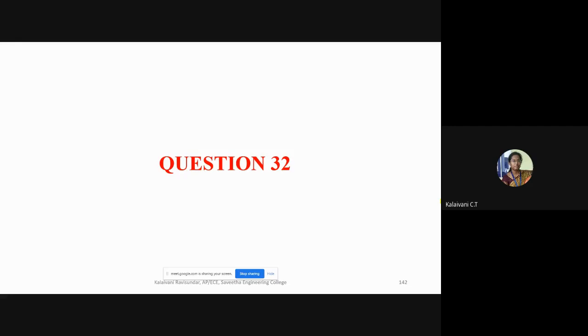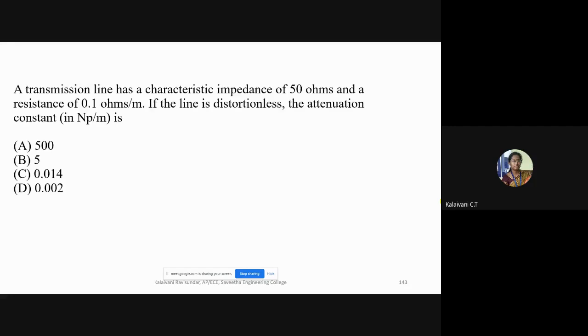So next question. The transmission line has a characteristic impedance of 50 ohms and a resistance of 0.1 ohms per meter. The line is distortionless. The attenuation constant is, so now we come to attenuation constant.